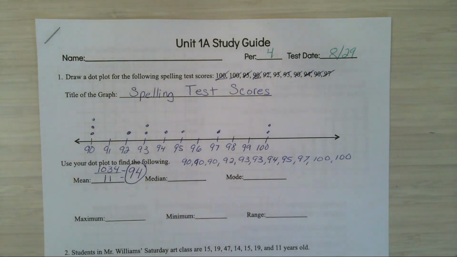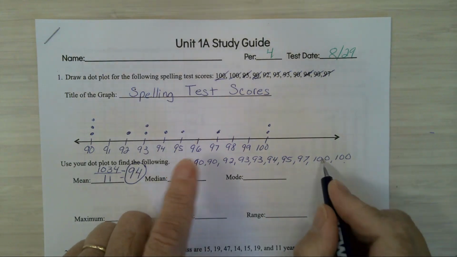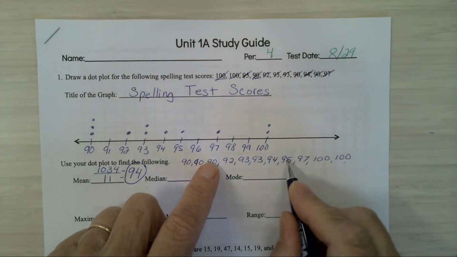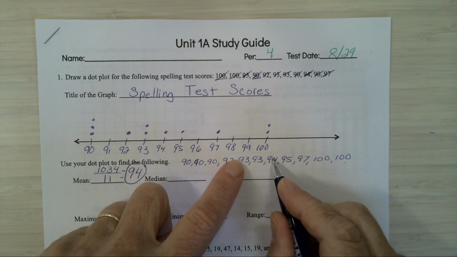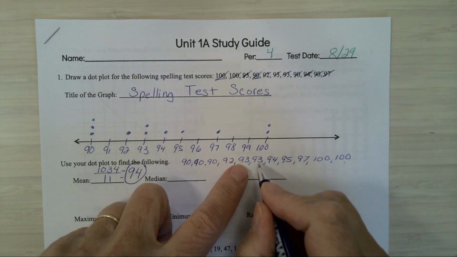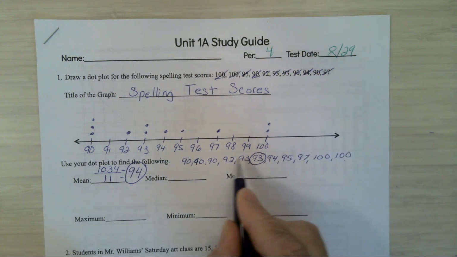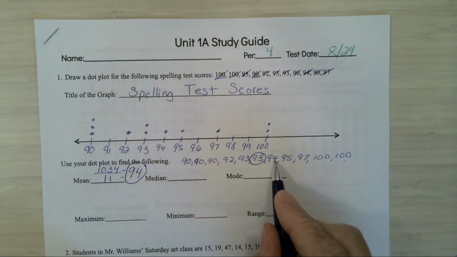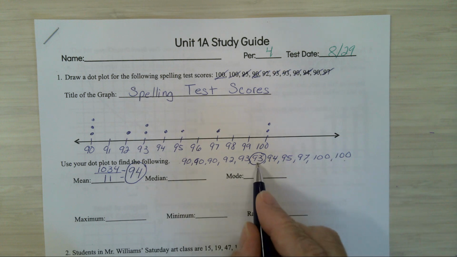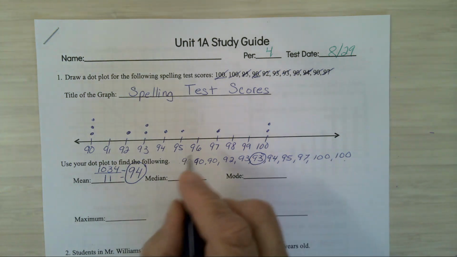All right, our median, middle number. Which one is our middle number in the list? 1, 2, 3, 4, 5, 6. And the middle number is 93. 1, 2, 3, 4, 5. 1, 2, 3, 4, 5. And the 6th number is 93. It's all by itself.